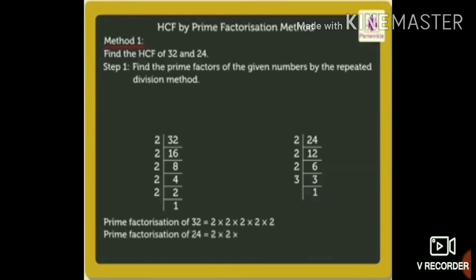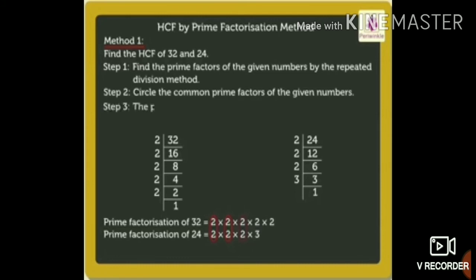Now what is the next step? Circle the common prime factors of the given numbers. In these prime factors, find the common ones: 2, 2, 2.